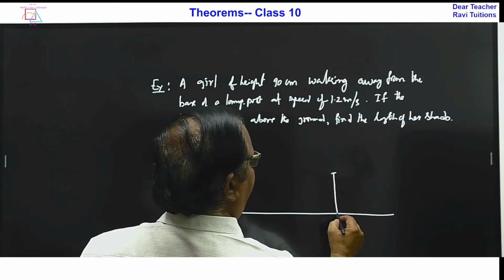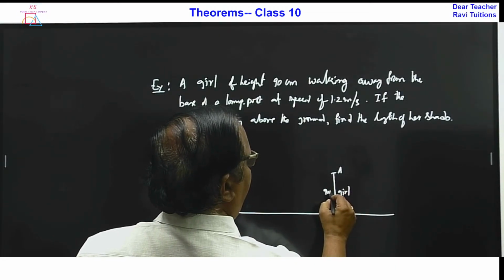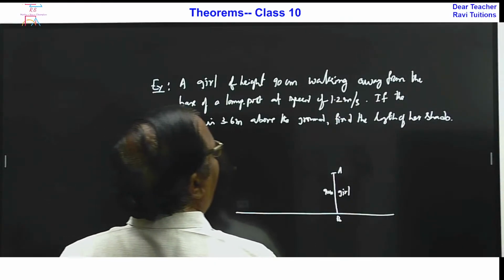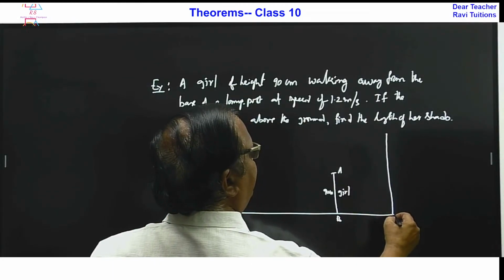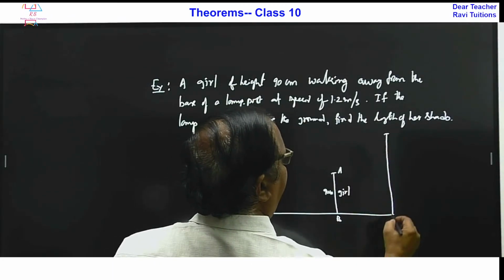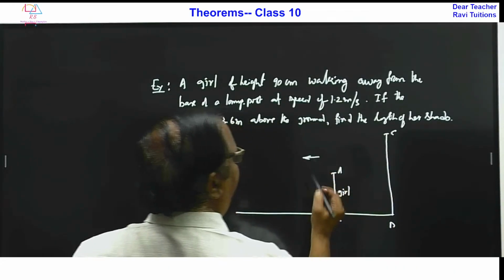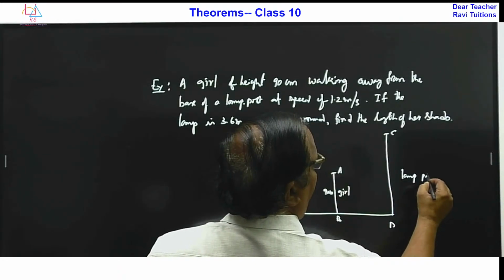This is the girl, AB is the girl, and this is 90 centimeters. And walking away from a lamp post. So the lamp post is here. This is CD, and the girl is walking in this direction. This is the lamp post.